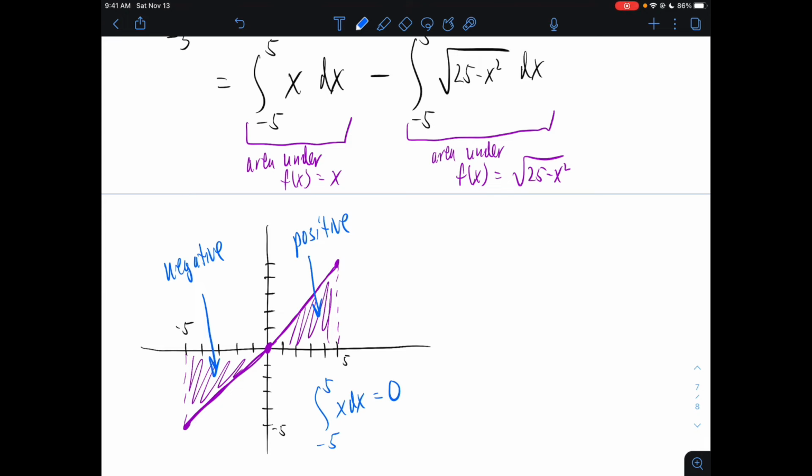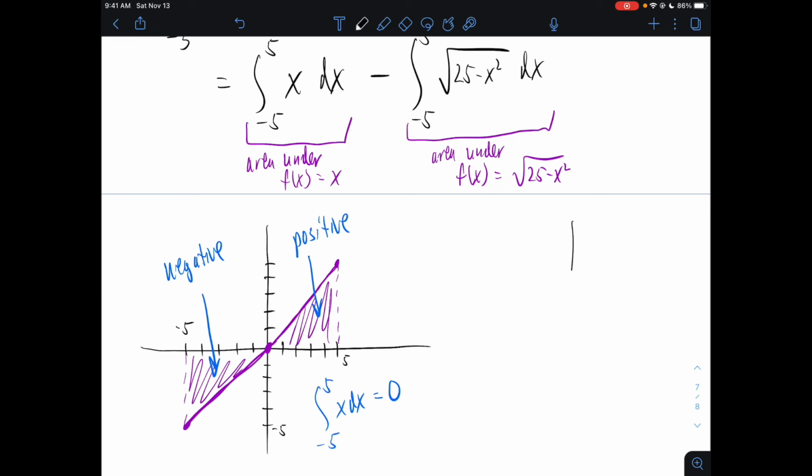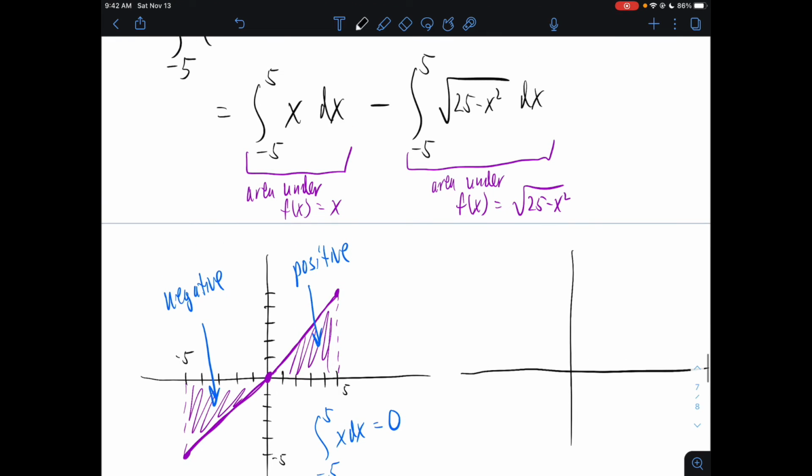So now what about the second part? Well, let's draw a graph for that as well. You might not recognize what shape this would have, but when in doubt, just plot some points. Like when x is equal to 0, you're going to get square root of 25 minus 0, which is the square root of 25, which is 5.